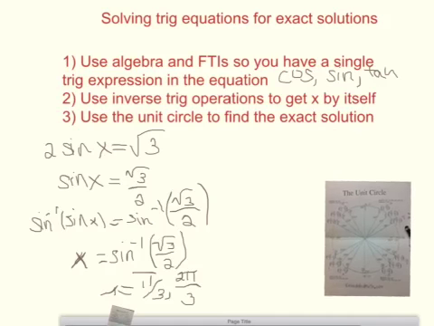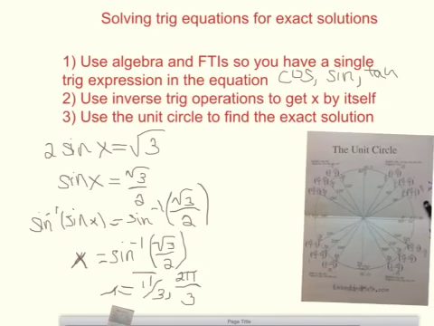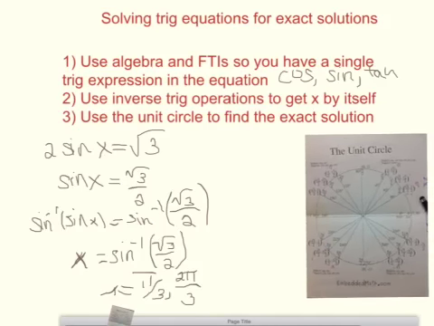Now I just need to remember that often we have more than one solution for these because they're periodic functions. So if I take a look at this, I can start at pi over 3 and go all the way around the circle until I get back there again, and that's a new angle measurement. It's going to be 2 pi plus pi over 3. I can do it again and again. And so that's where our equation comes from for all solutions involving pi over 3.